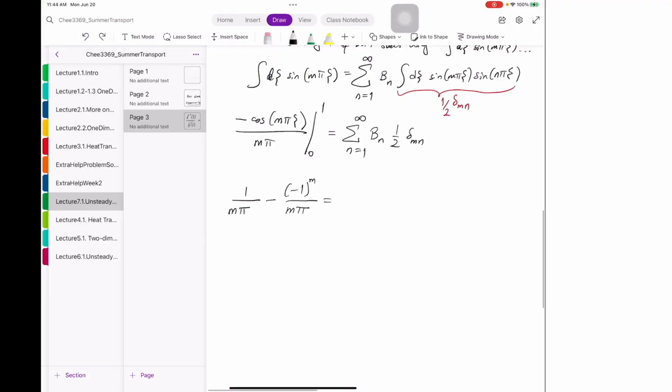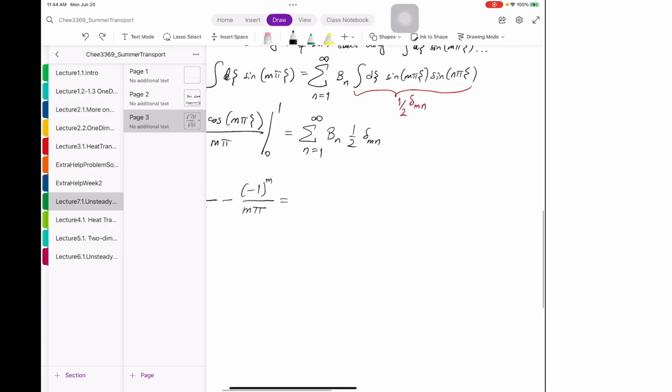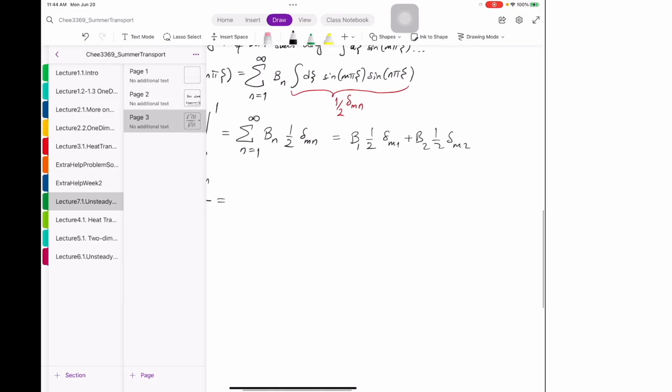So we're basically summing over all the n's, right? So you're going to have something like b1 1/2 delta m1 plus b2 1/2 delta m2 and so on. But we know that it's gonna vanish unless the term becomes equal to m itself.